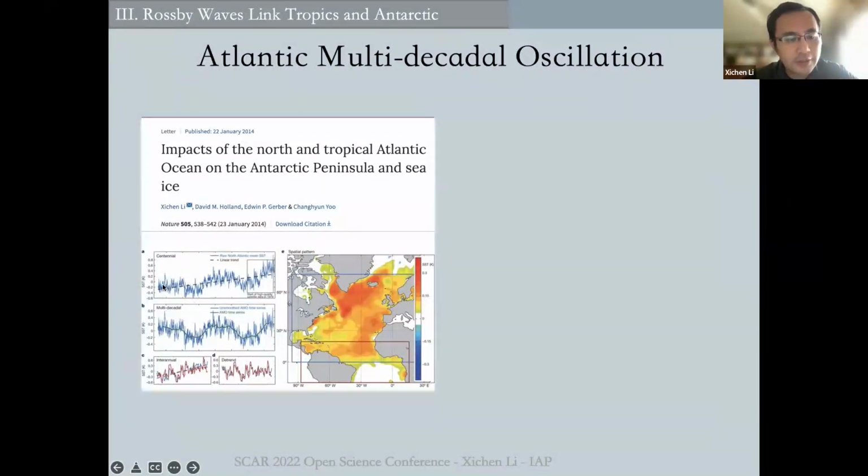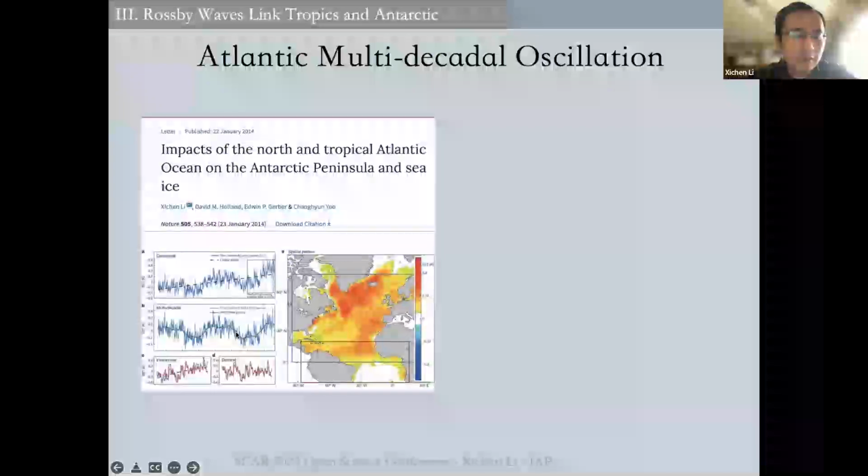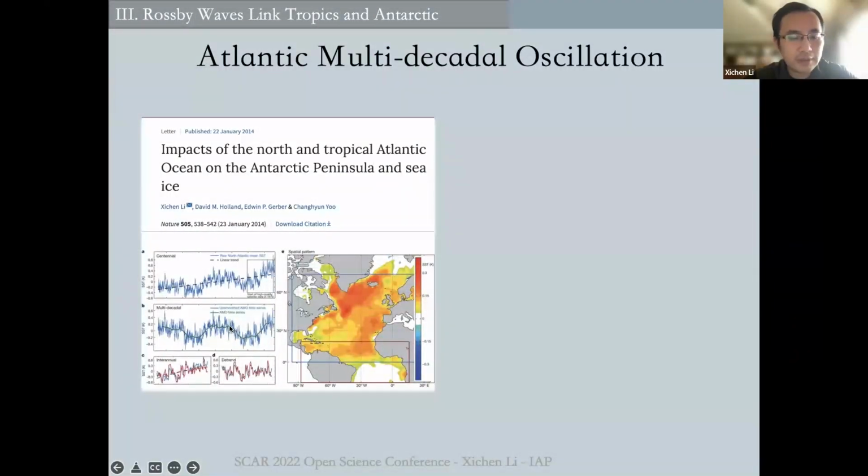So here is the surface temperature of the tropical and North Atlantic from the 1880s. When we remove the long-term trend, we have such an oscillating mode. And if we do a 10-year smooth of this surface temperature time series, we will have a very clear oscillation with a period of about 60 to 70 years.